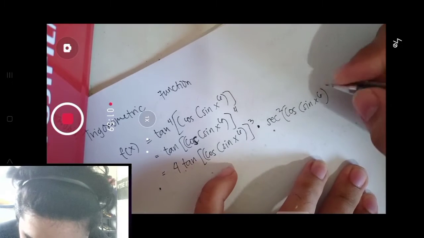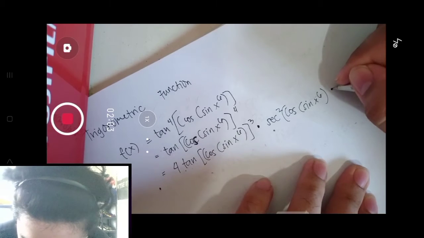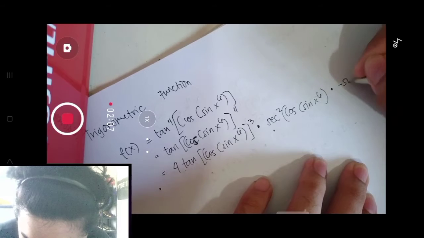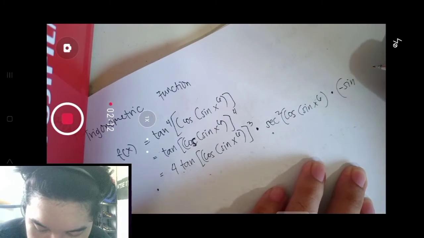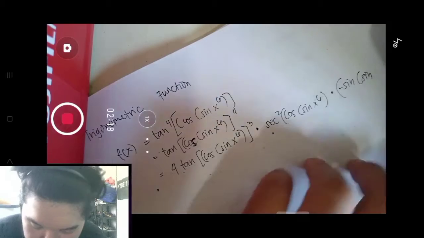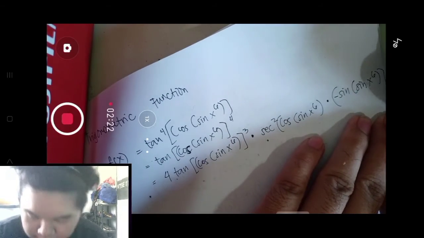Next is the derivative of cosine, times the derivative of cosine, which is negative sine. Let's use parentheses. Then copy what's inside, sine x raised to 6.